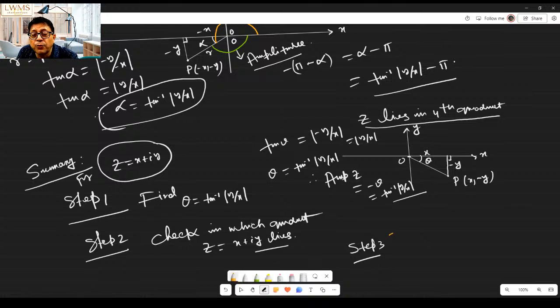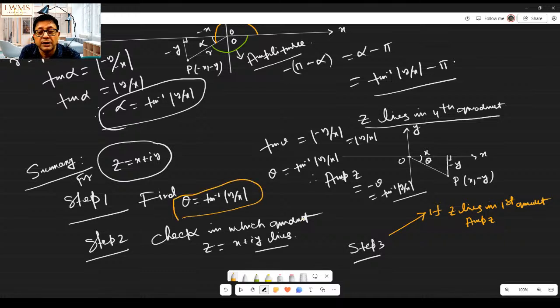How many cases? 4 cases. Case 1 is what? If z lies in the first quadrant, then amp z is what? That's what we got there. Amp z equal to tan inverse y by x. Mod irrespective, you put or you don't put, doesn't matter.